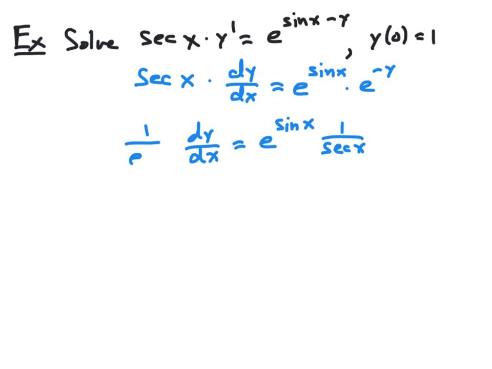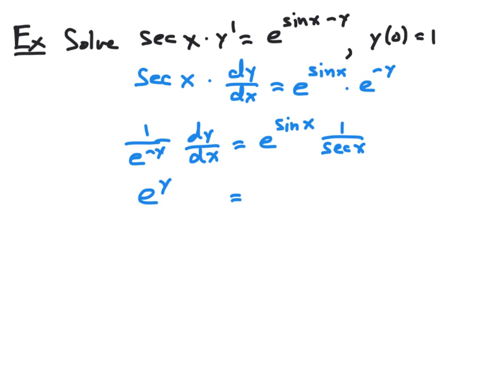So we have 1 over e to the negative y on the left-hand side. And so here we just have to simplify a few things and we will be good to go. On the left-hand side, 1 over e to the negative y will simplify to e to the positive y. Move that term to the numerator and change the sign of the exponent to become e to the positive y.